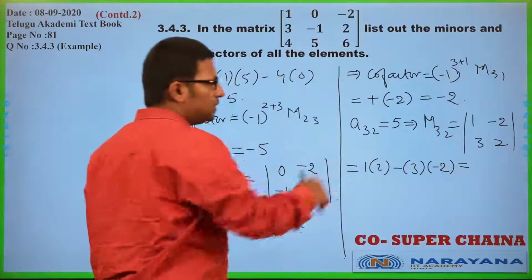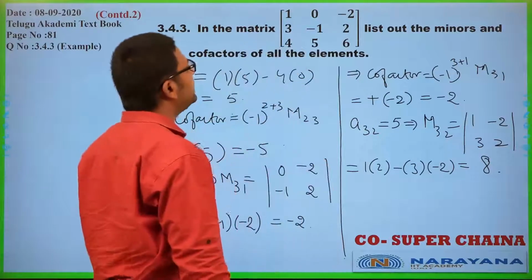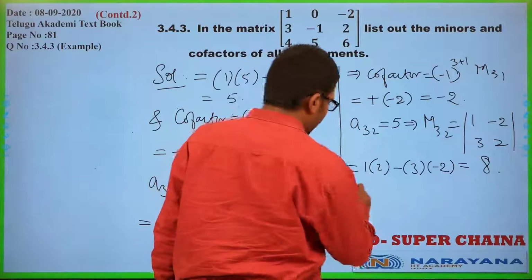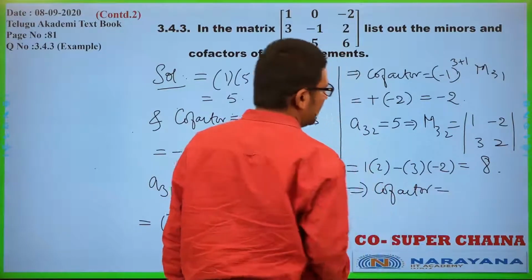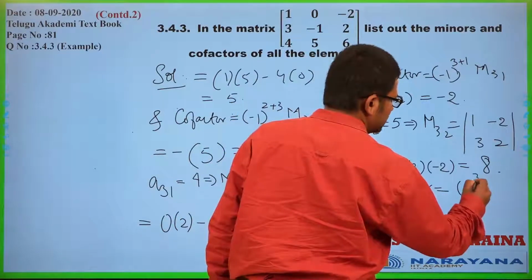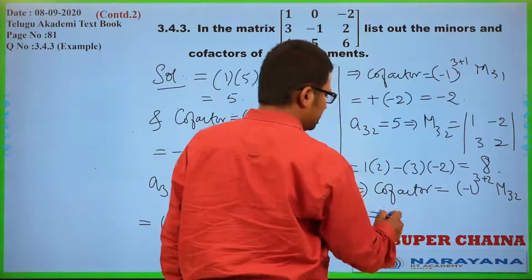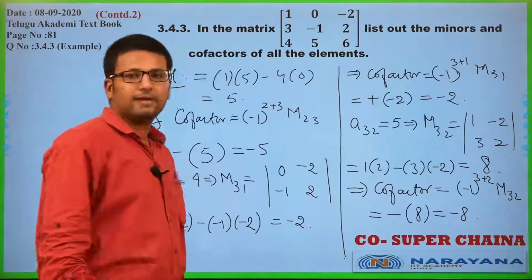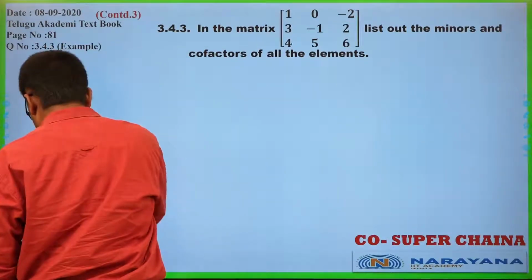How much is that? 2 plus 6, 8. So M32 is 8. Therefore, cofactor is minus 1 raised to 3 plus 2 M32, which is minus of 8, which is minus 8. Correct? So that is the cofactor for A32.